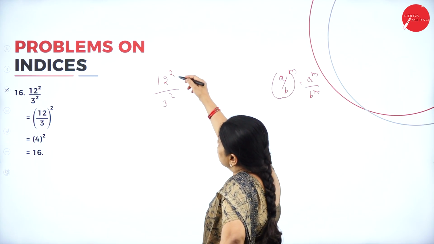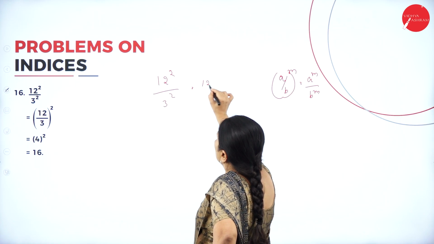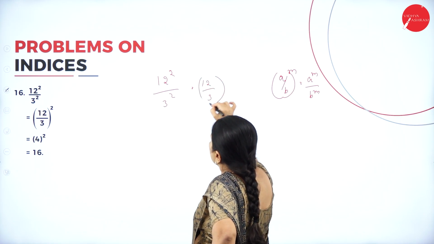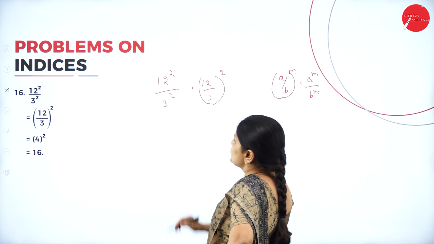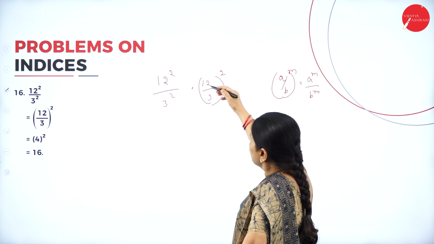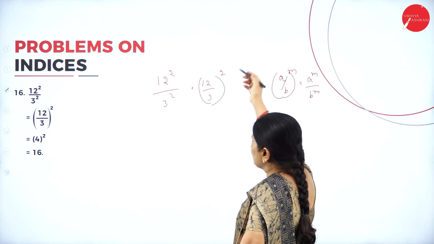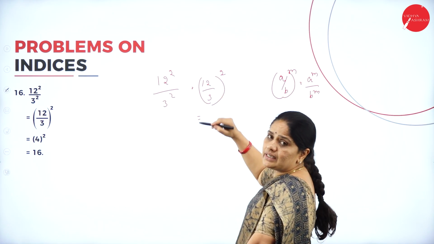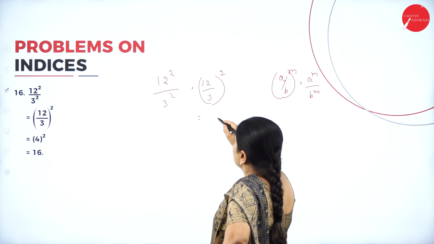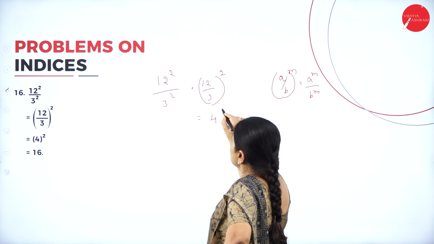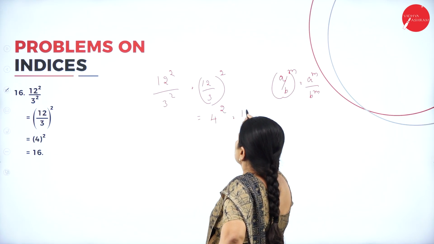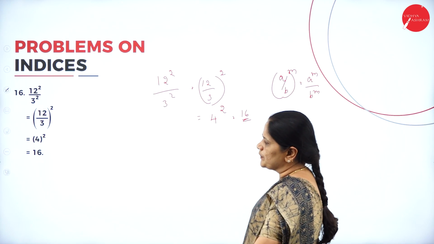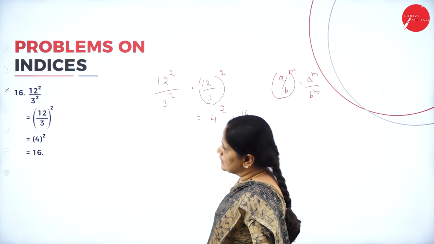Now, since the powers are the same, I will write this expression in this way. So, I'll take the whole of the expression, 12 by 3, and raise it to the power 2. Now, what is 12 divided by 3? 3 fours are 12. 4 square. So, that comes up to 16. So, 16 is the answer.